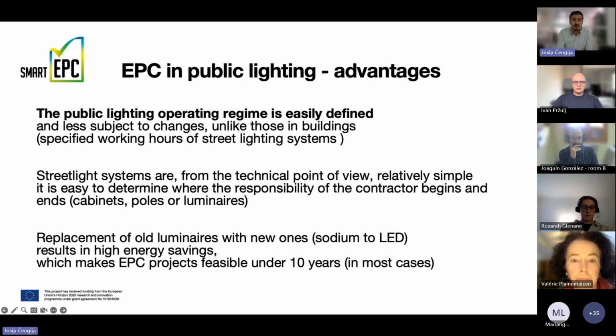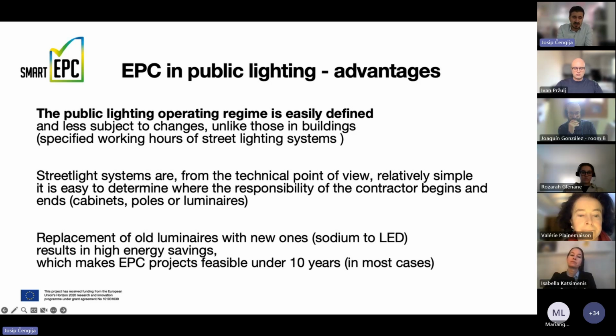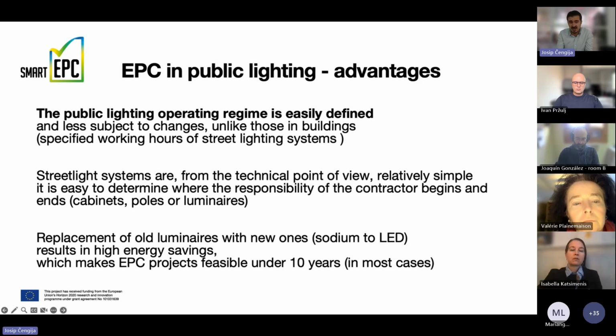On the other hand, street lighting systems are also quite simple systems from a technical point of view. It's quite easy to define the points where the responsibility of a public sector client will stop, and where the responsibility of an ESCO company will begin. The point of responsibility can be cabinets, poles, wires, or luminaires. So you can quite easily define the scope of the project, and you can quite easily assign responsibility for functionality of that part of the public lighting system to the ESCO company.